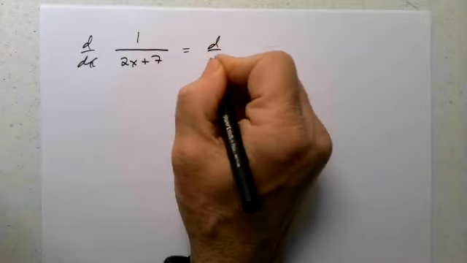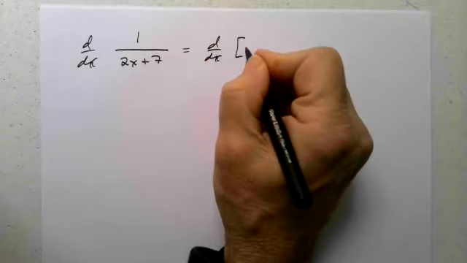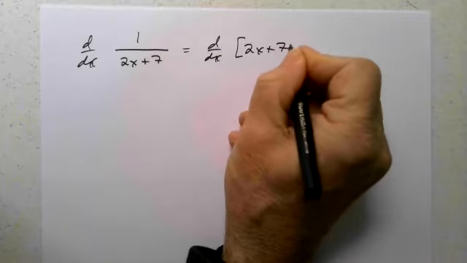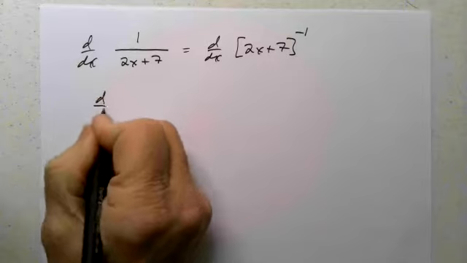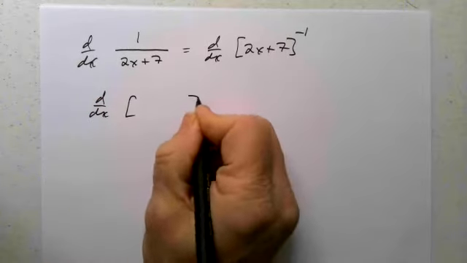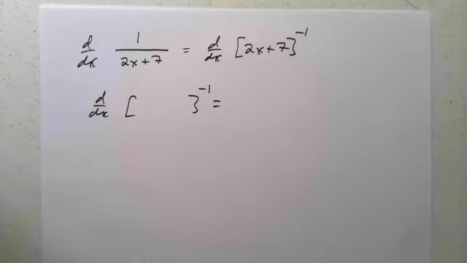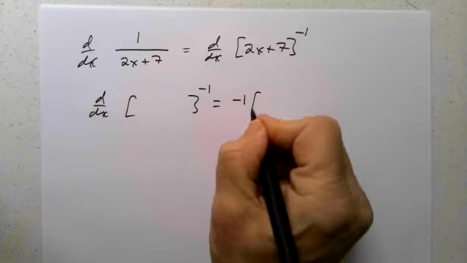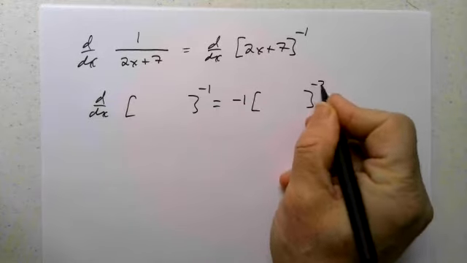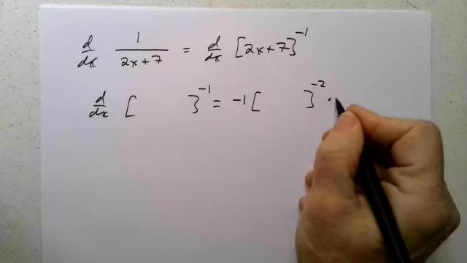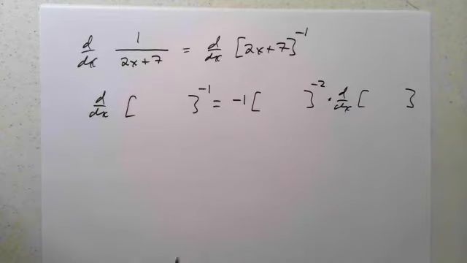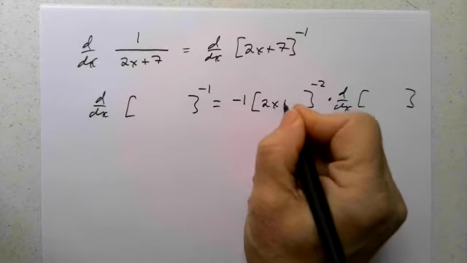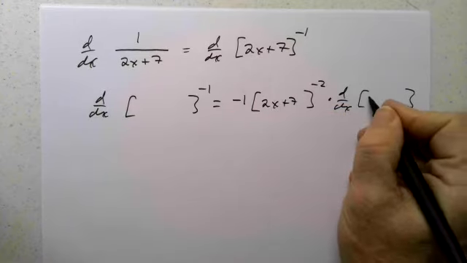This is the same thing as the derivative with respect to x of 2x plus 7 to the negative 1 power. And then we ask ourselves, what is the derivative of something to the negative 1 power? That, of course, is negative 1 something to the negative 2 times the derivative of the something, the something being 2x plus 7.